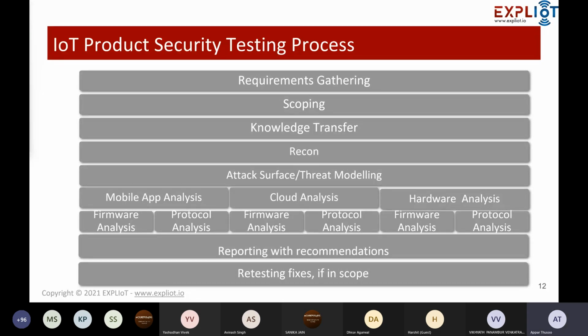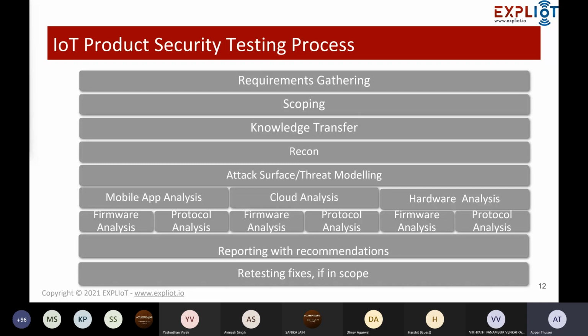Then we have attack surface and threat modeling. So once we assess what the areas of interest are and which surfaces would have more sensitive data or will have more impact, we create a threat model around it. We try to identify these assets, and based on that we carry forward our assessment.